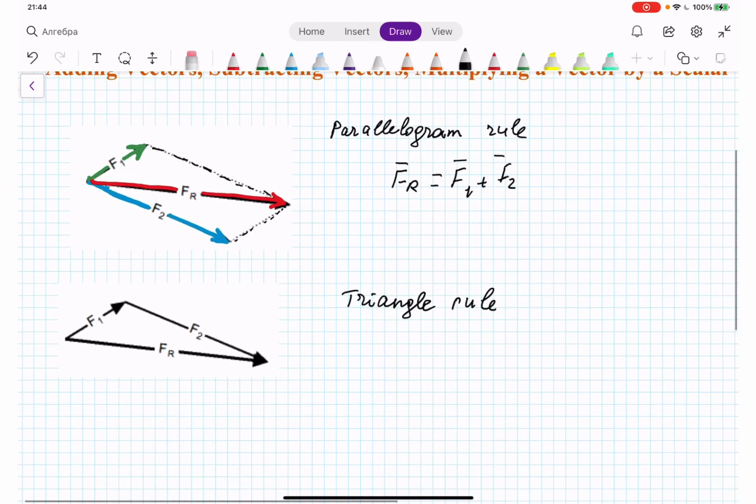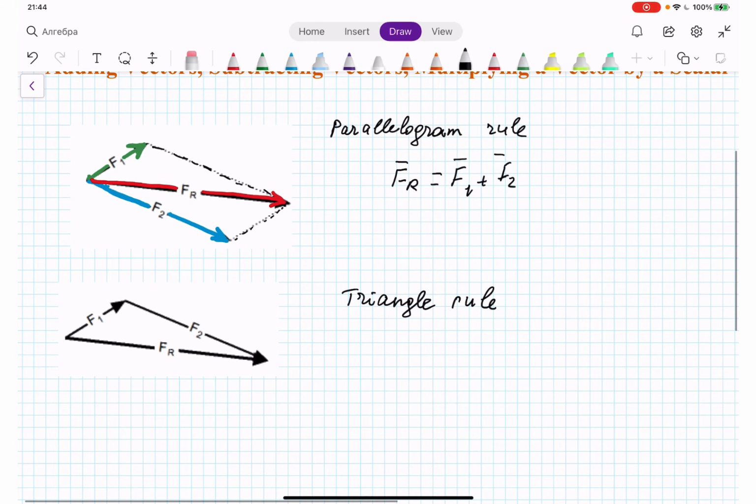Second rule, the triangle rule. So the addition of vectors according to the triangle rule is as follows. Draw the first vector using data about its length and direction. Okay?